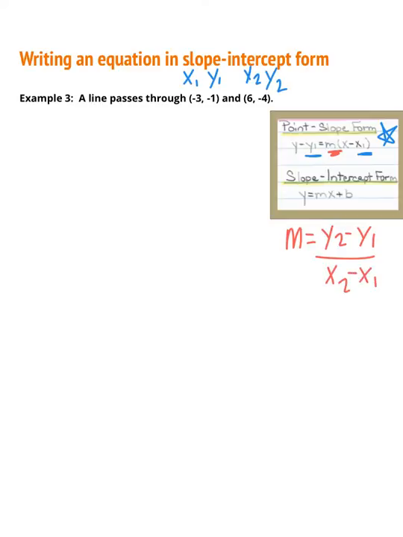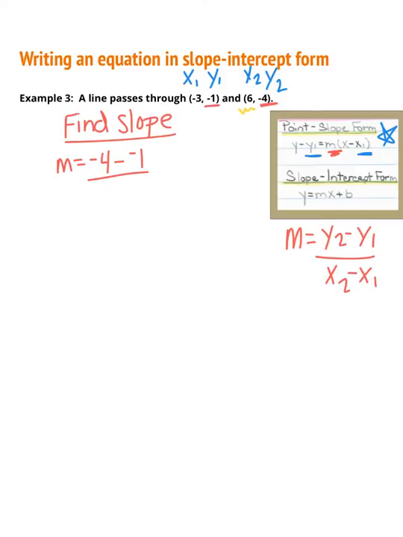So step one, we're going to find our slope here. A little bit of a side calculation. Let's get that set up. So if I use the formula, y2, that is -4, minus y1. So we're going to subtract a -1, and we're going to divide that by the x2.